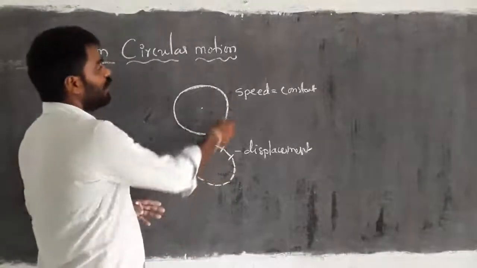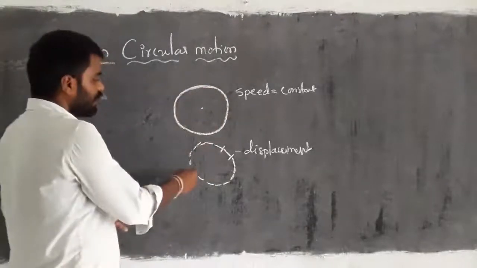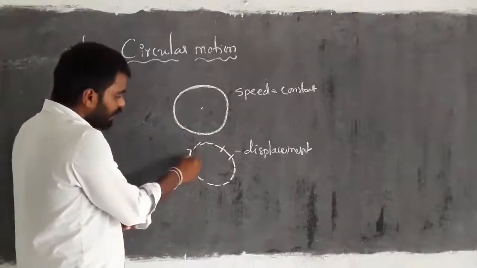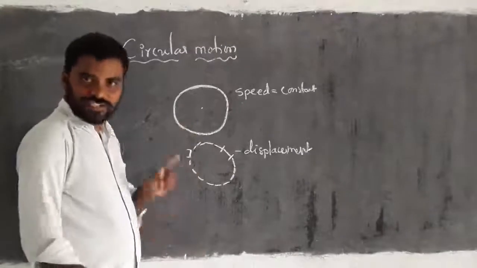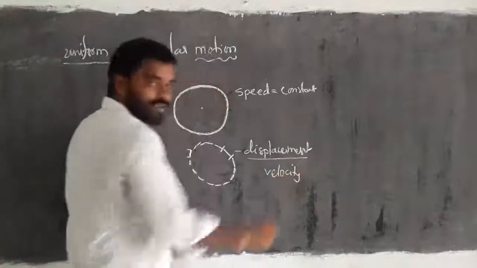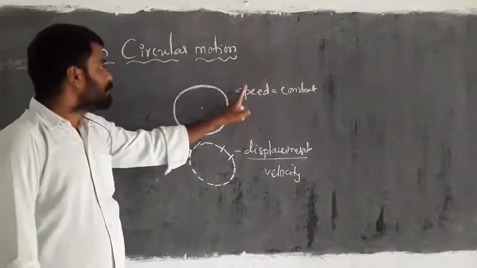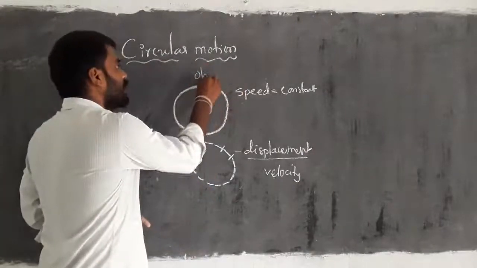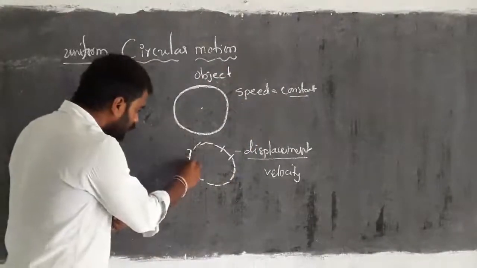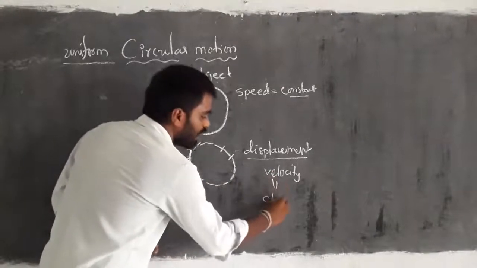As a result, when the speed of the object is constant, then it is having a small segment. When an object covers the shortest distance in a straight line, that we call velocity, right? Then here one condition: in uniform circular motion, the speed of the particular object is constant, but in every particular shortest distance of line segments, the velocity is getting changed.